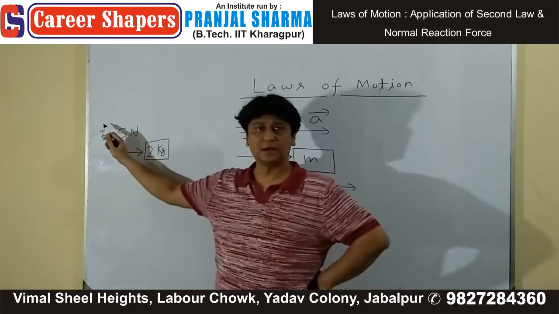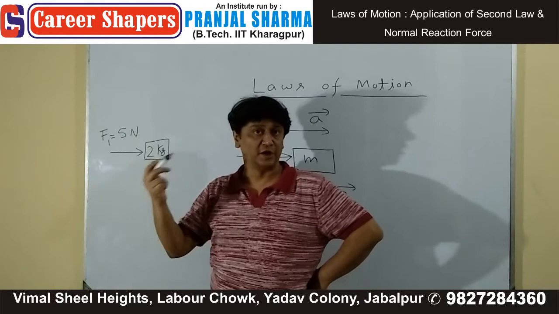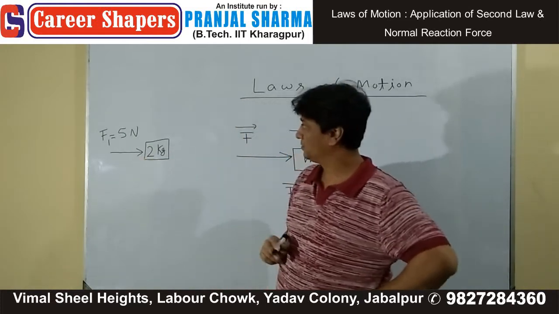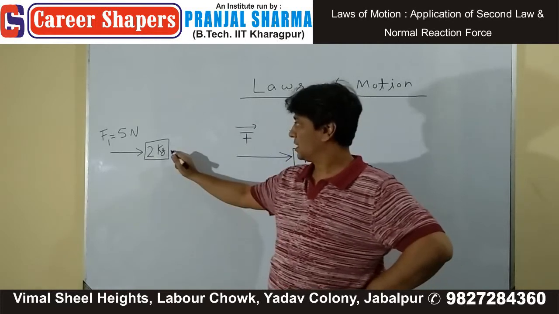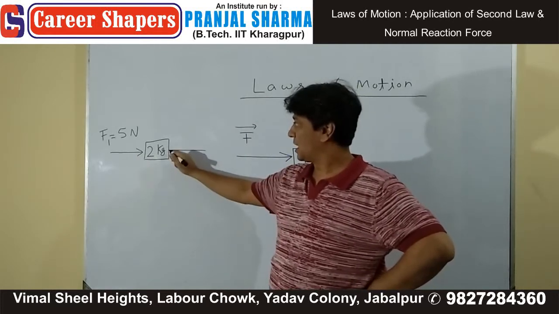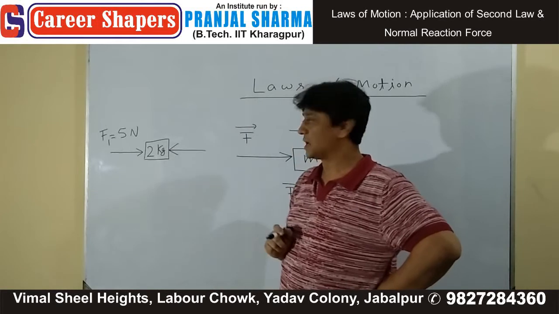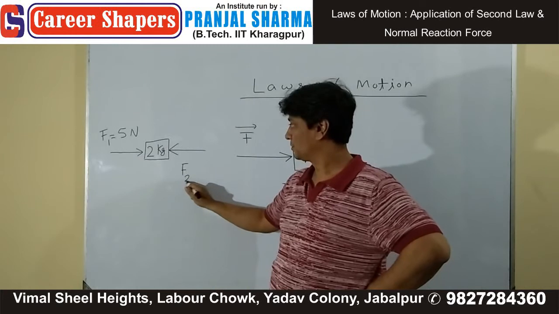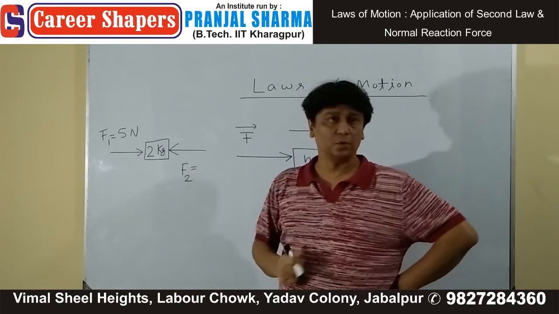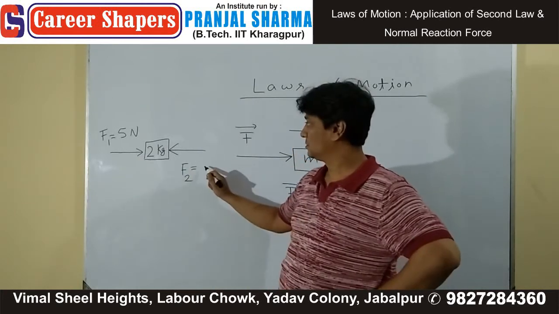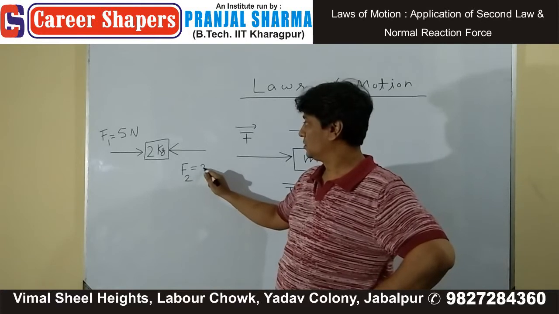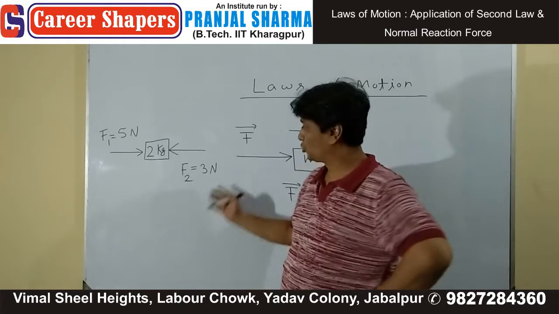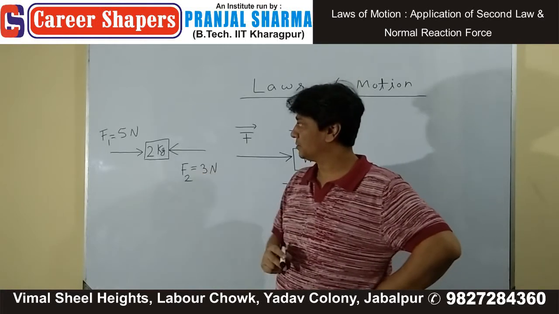I'm not using vector sign because I have only shown the magnitude. Direction is clear with the help of this arrow. Another force is acting in this direction. This is F2. And this F2 is 3 newtons. Again, I am showing you the magnitude.